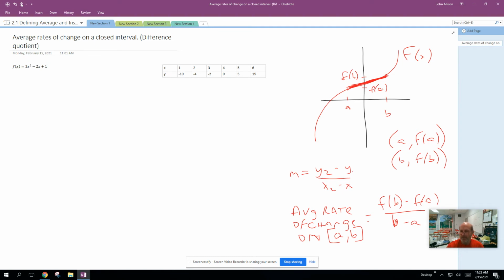They have to line up. This has to be the x and y value of the same point, and this has to be the x and y value of the same point. But that's going to give you the average rate of change. It's just about as simple as we can say.